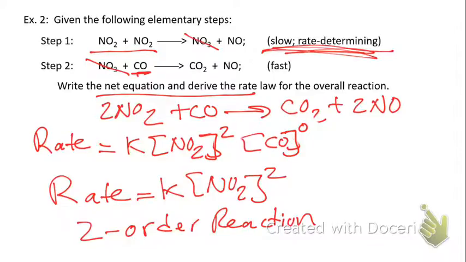Hopefully you see that the fact that CO is not part of the rate determining step and is not dependent upon anything in the first step means it has nothing to do with the rate of the reaction, so it must be 0 order.